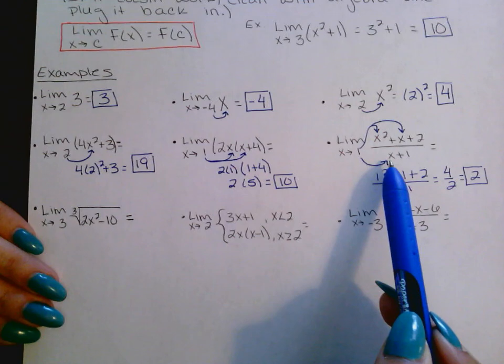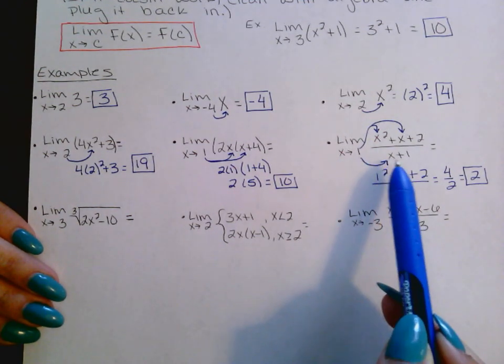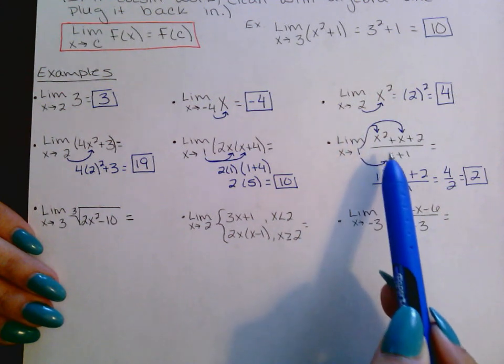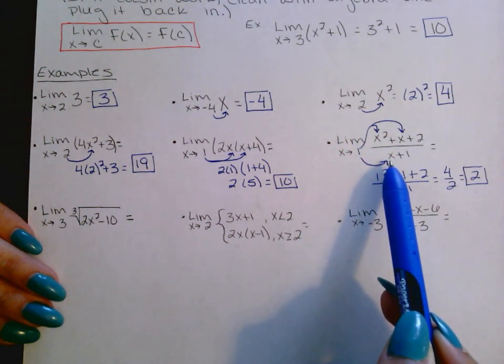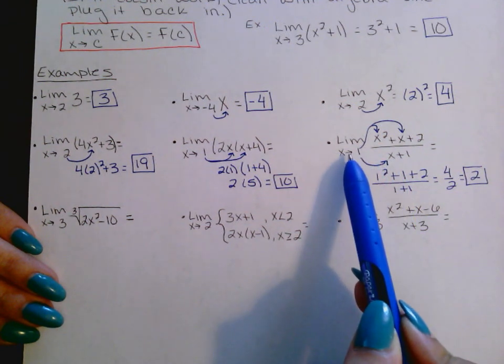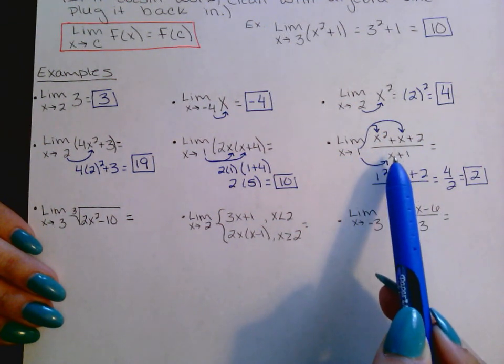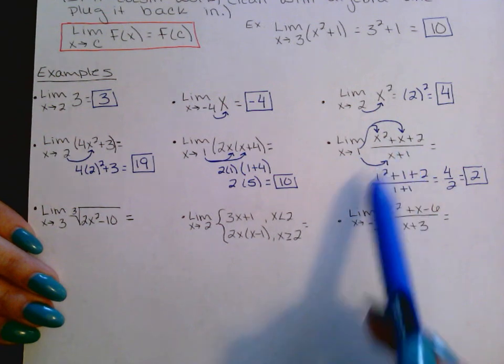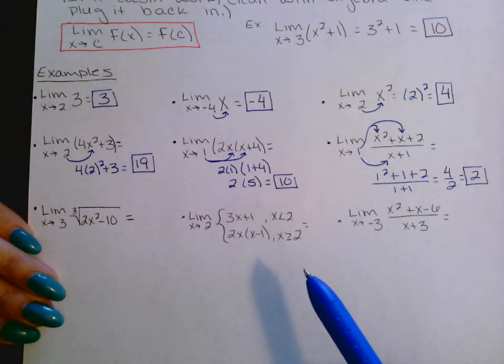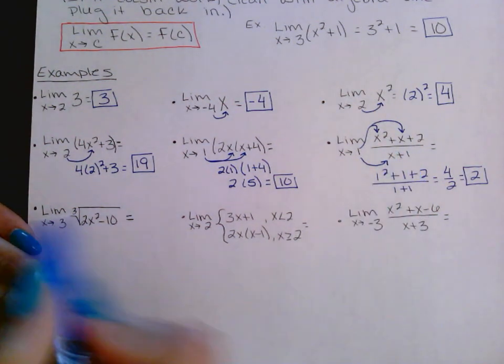So for example, you might think to yourself, what number would I be doing the limit of that would give me an issue? Well, what would make this denominator equal to 0? And that would be if x is negative 1. So the limit as x approaches negative 1 for this problem would be the only time that you'd have an issue that you'd have to clean algebraically. But we'll see some of those soon.